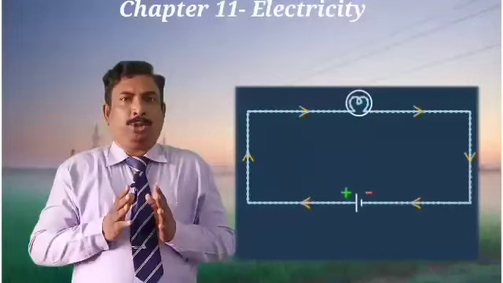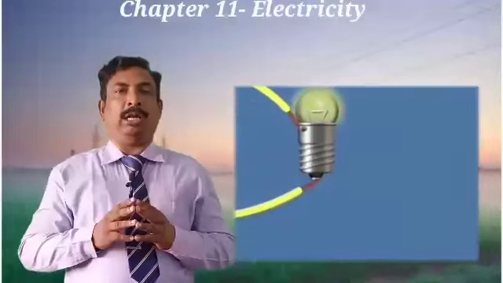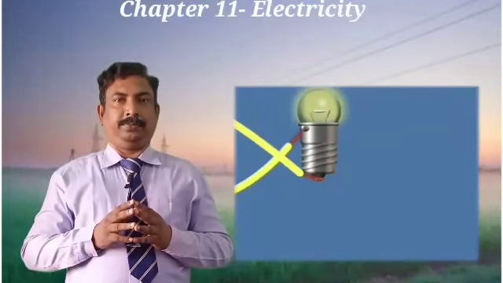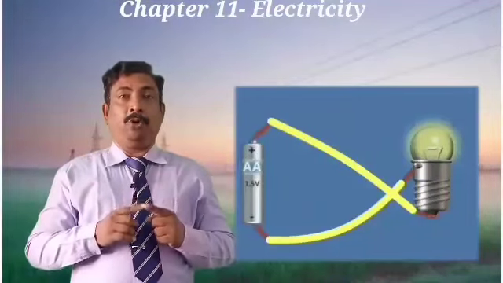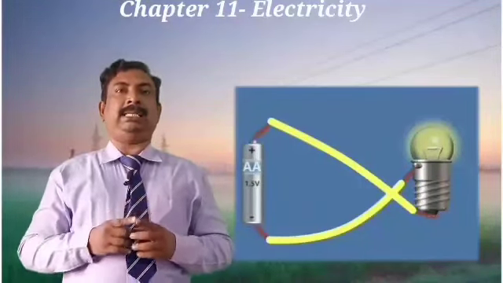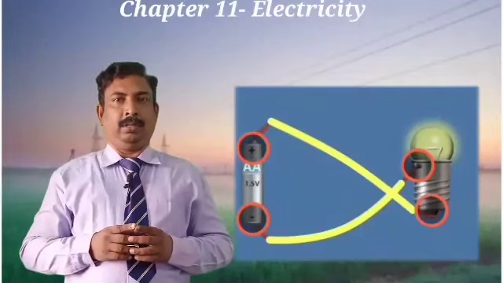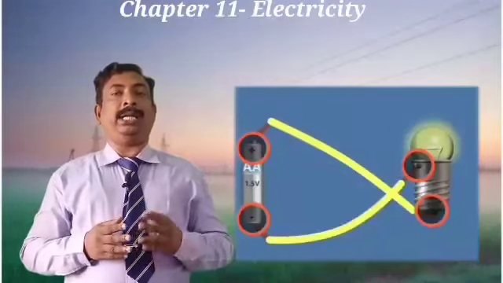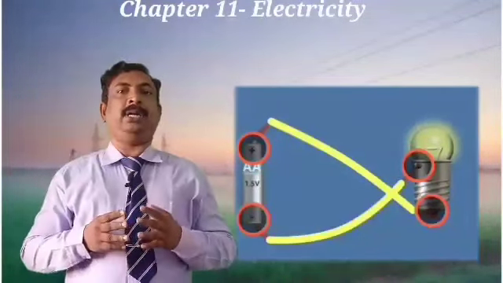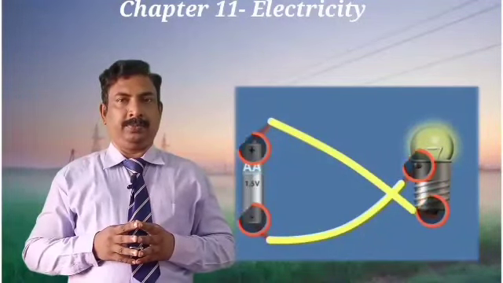So now we understood that flow of charges is called electric current. In olden days, the flow of positive charge was considered as electric current. But recently, we discovered electrons and came to know that electrons are responsible for the flow of charge.